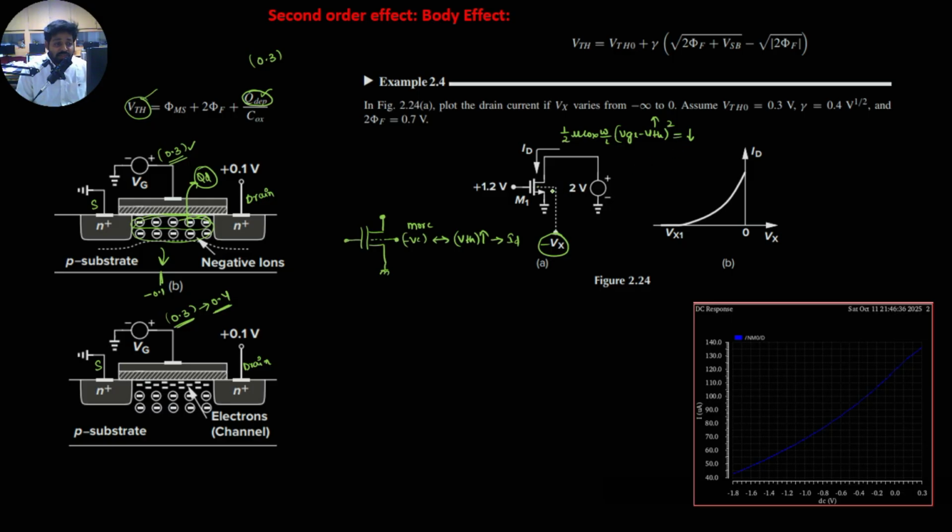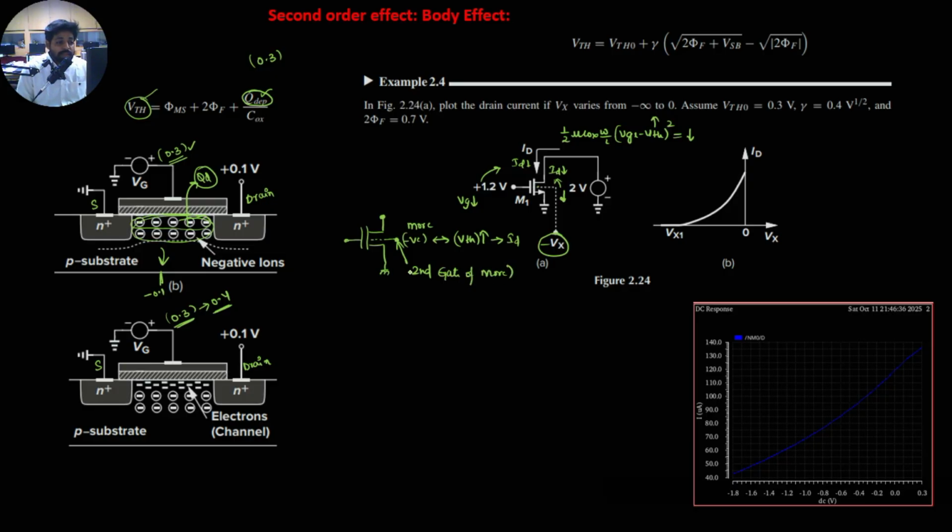When you reduce the voltage, ID is also reduced. As you reduce the gate voltage, ID is also reduced. Similarly, just as the gate controls the drain current, my body is also controlling the drain current. So I can call this the second gate of the MOSFET.